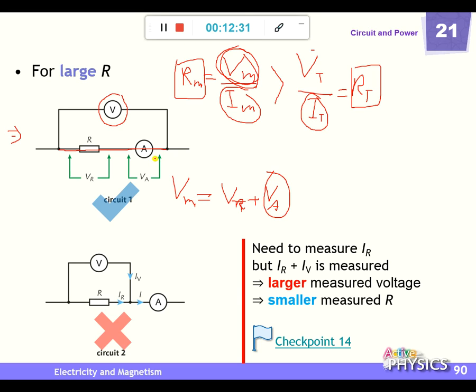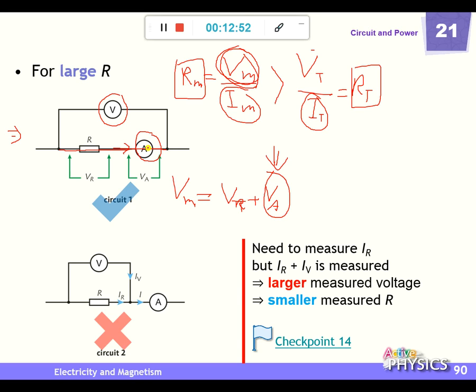But how to make it more correct than circuit 2? Focus on this. I do not want to have it. But how? Try to make this potential drop as small as possible. We know that we have the current, so how to make it small?